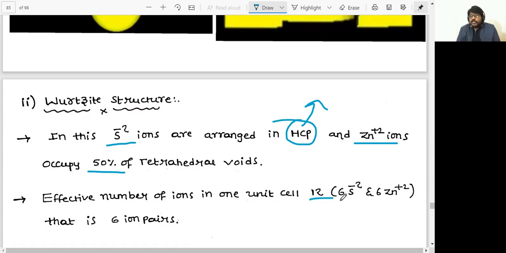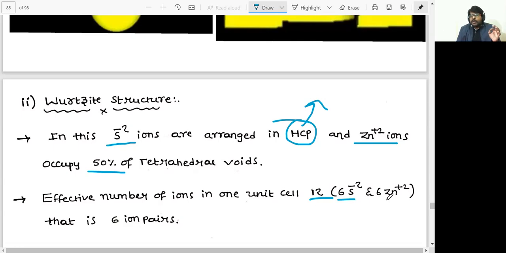How is it 12? 6 sulfide ions, because for HCP we have already calculated the effective Z of the unit cell, and there are 12 tetrahedral voids: 8 lying inside the body and 4 lying on edges, right? You can watch part 12 easily for complete clarity on the location of voids, HCP and CCP.